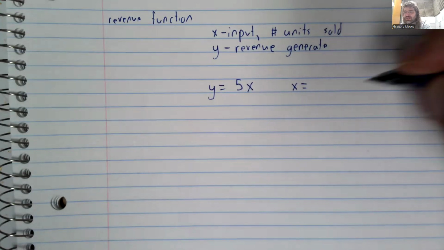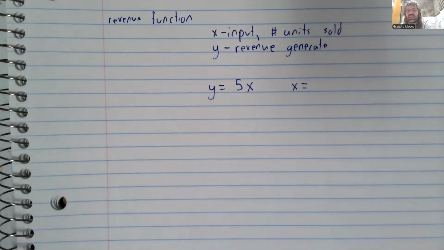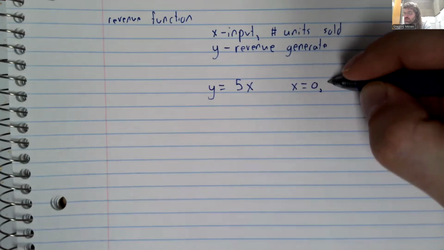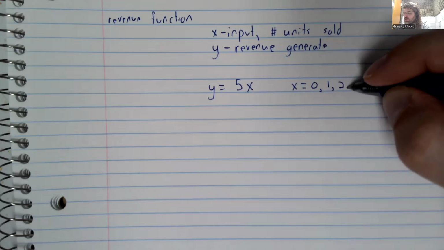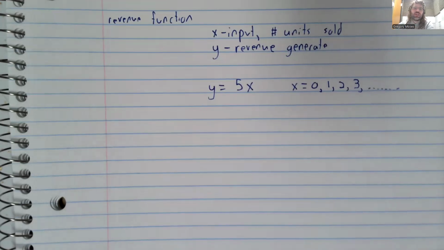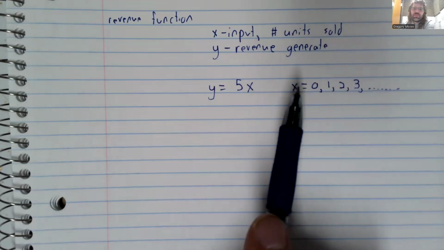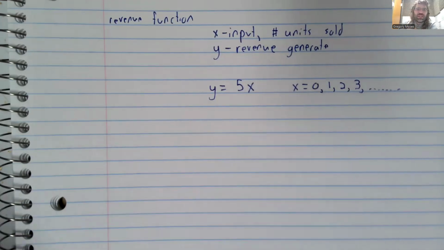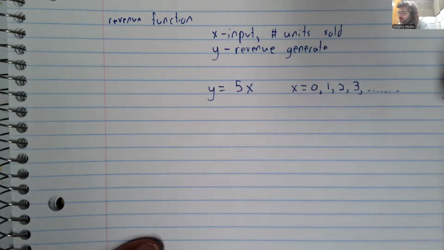So in the real world, the domain of this function is going to be that we could sell 0 units or 1 unit or 2 units or 3 units, etc. So the domain of this function is the positive integers, and maybe there's a maximum value too.